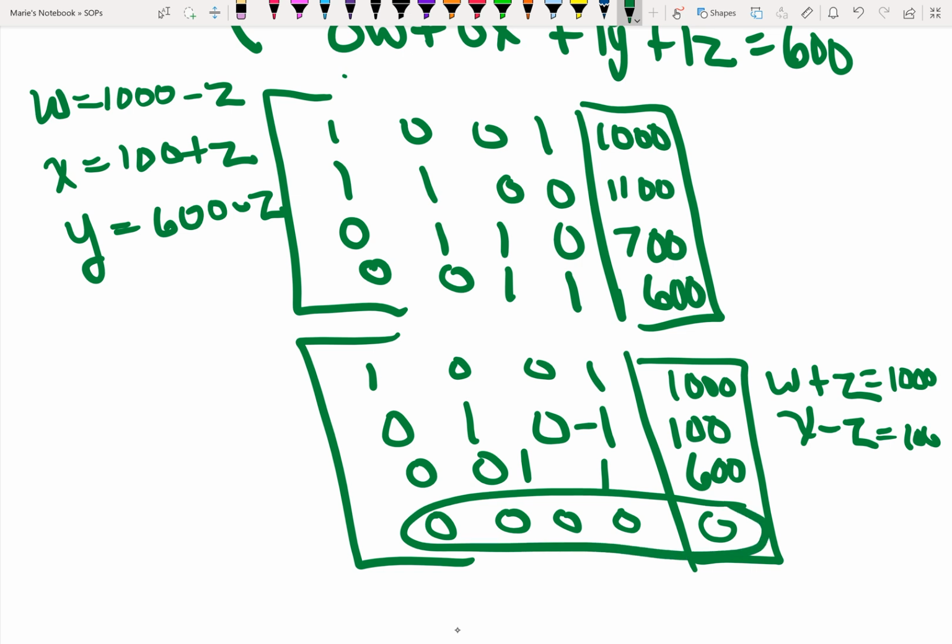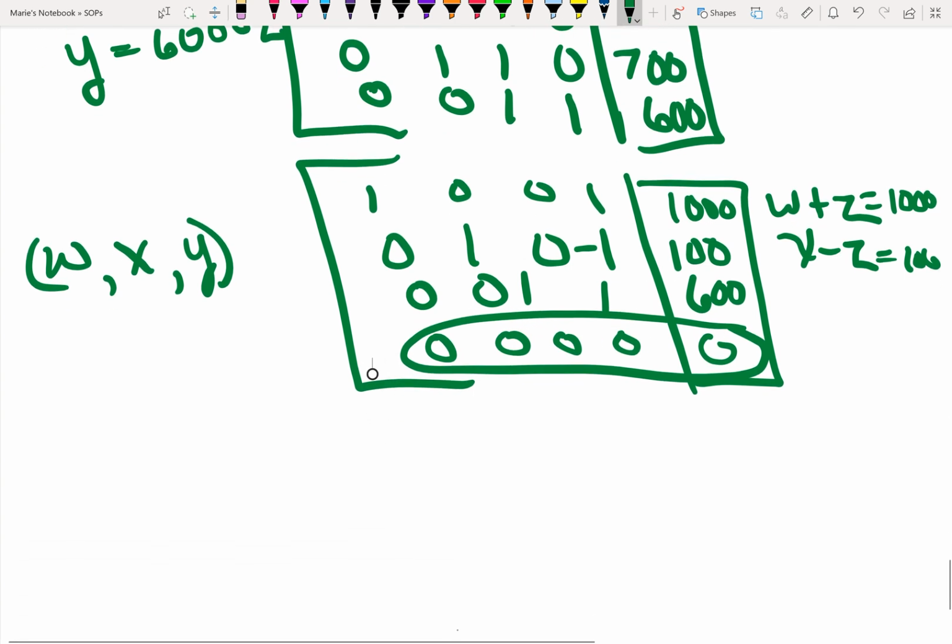Okay, so our solution set in this case would be basically w, x, y, and the z will be canceled out. If that works, since we have w, x, y, z, we would end up with 1000 minus z, 100 plus z, 600 minus z, and lastly z as that solution.